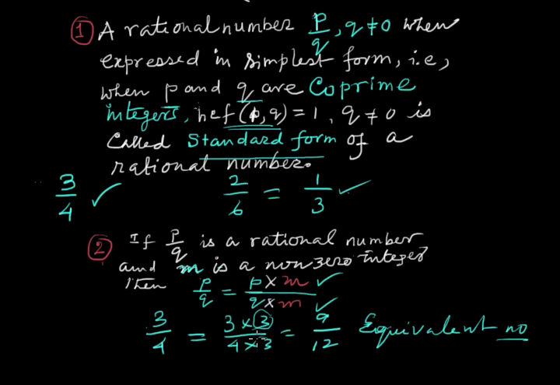You can multiply by 2 or 3 or 4 or 5 or minus 1, minus 2. If we multiply 3 by minus 2, and 4 by minus 2, we'll get minus 6 by minus 8. This is also another equivalent number to 3 by 4.